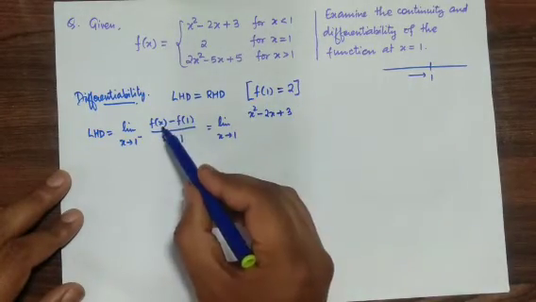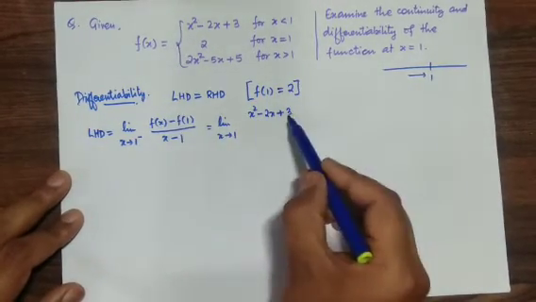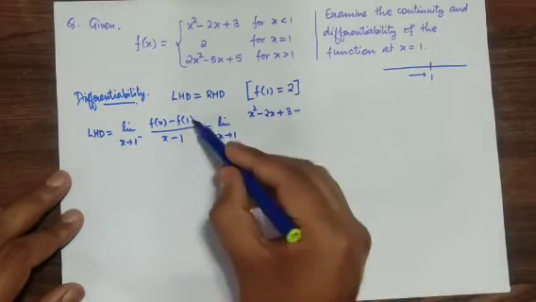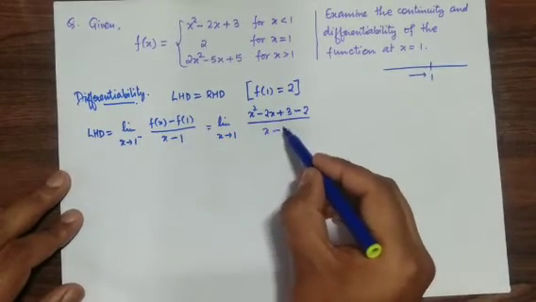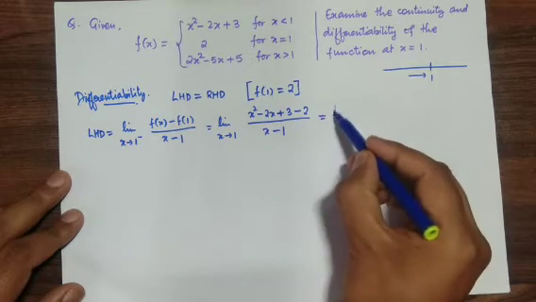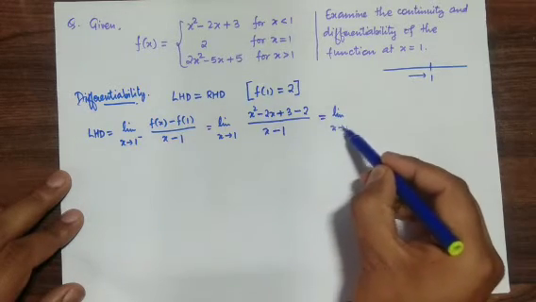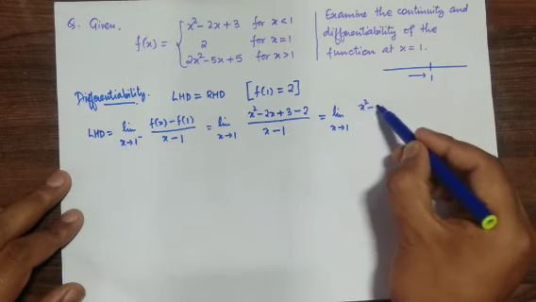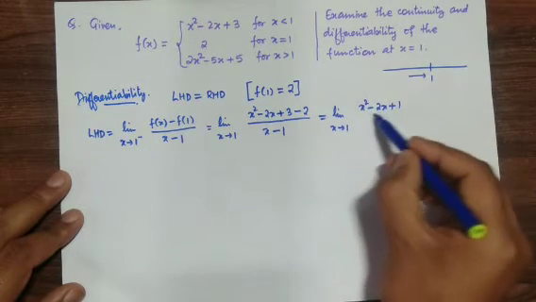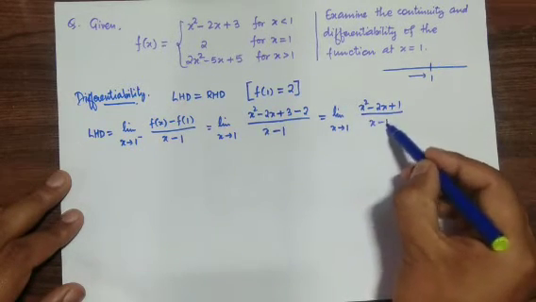So that's why we have f(x), which is equal to this much, minus f(1), where f(1) is 2, divided by x minus 1. Now this can be written as limit x tends to 1. Let us simplify this. So we have x squared minus 2x plus 1 over x minus 1.